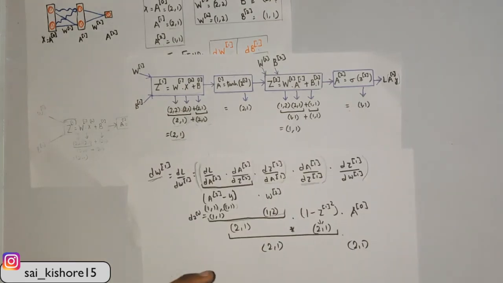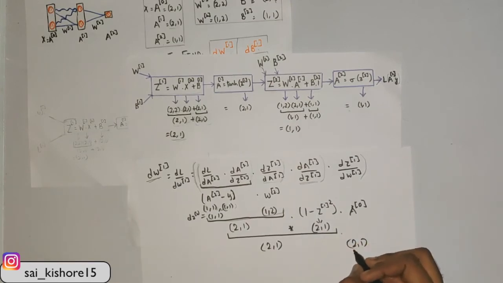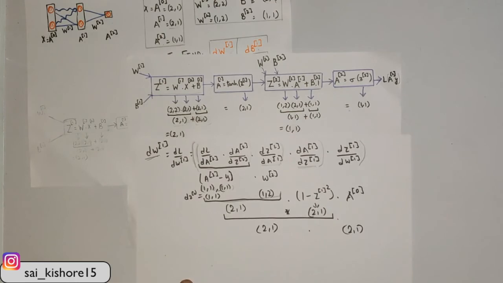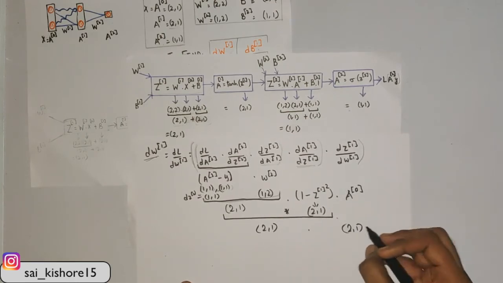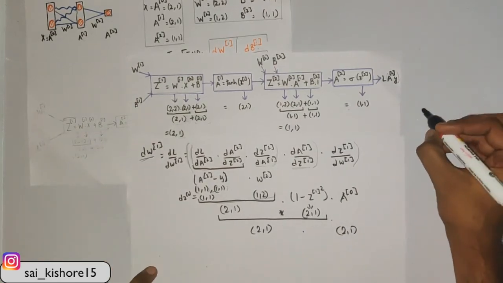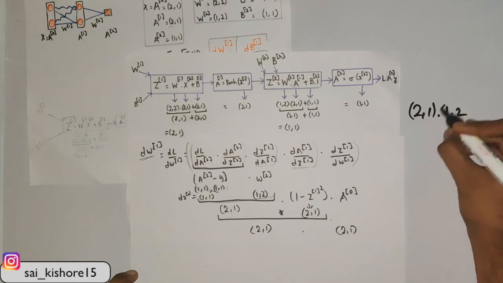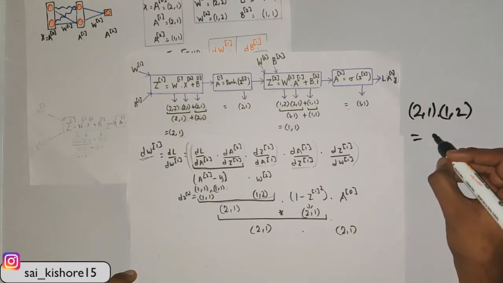Let's see how to get that. We have 2, 1 here, and the shape of a0 is 2, 1. If we multiply it element wise, we'll get 2, 1. But that is not the answer we want. We will be needing 2, 2. So for that, we will transpose this a0. When we transpose a0, we get 2, 1 into 1, 2. This will give us the answer 2, 2.